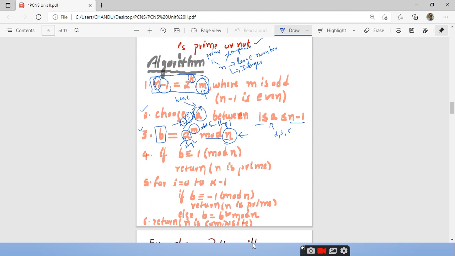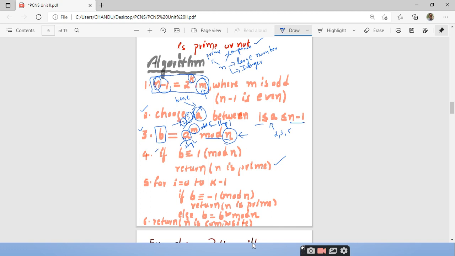After calculating b, we have to check the condition. If b is congruent to 1 mod n, then it is simply a prime number. No need to go further. So whatever b you have calculated, if it is congruent to 1 mod n, you simply return a statement saying that n is prime.